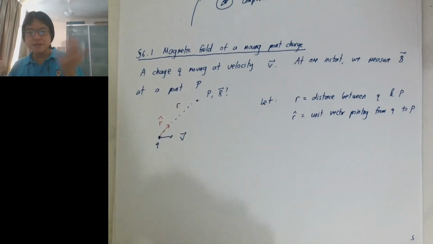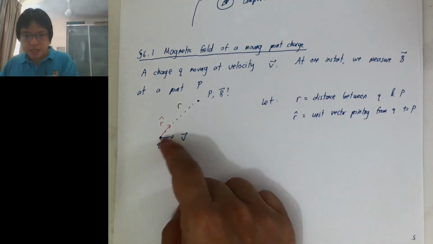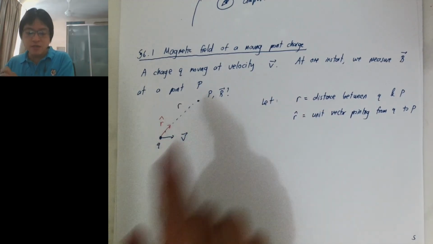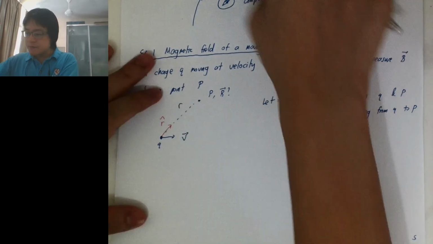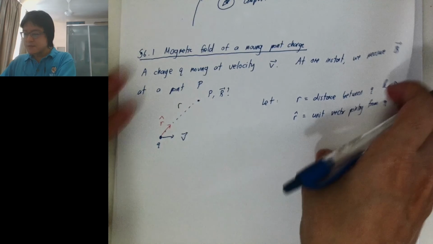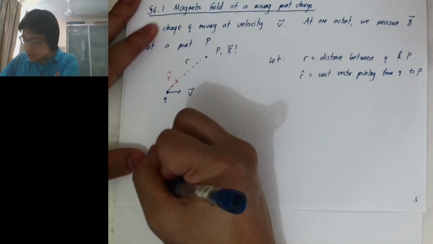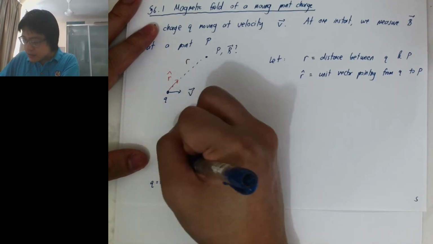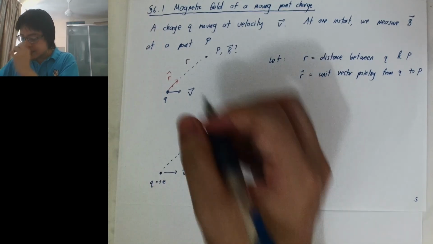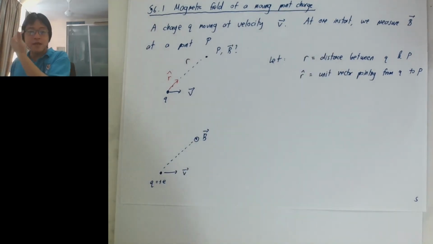But let us imagine how these people discovered this law. Well, they moved the charge from here to here, and then measured the strength of the magnetic field. What was the result that they got? Let me quickly mention what they got. If this is a positive charge and it's moving here, the experiment tells you that the magnetic field is pointing out of the plane.